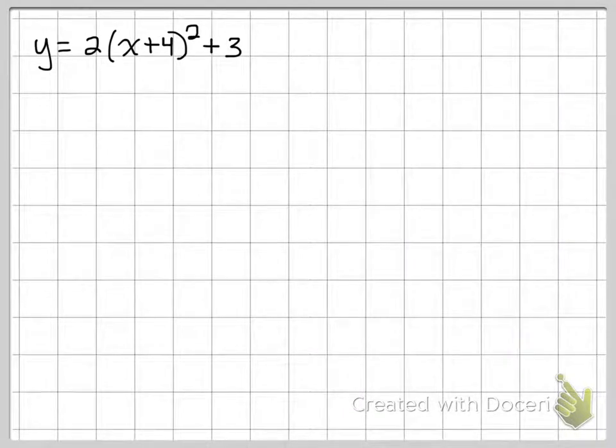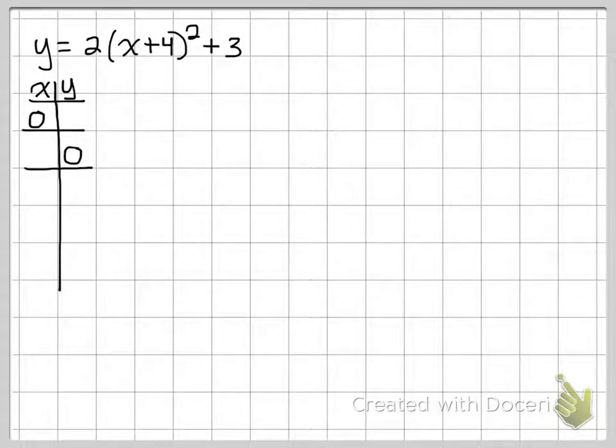So here's the first one, and whenever we are doing any sort of graphing, I would recommend that we set up a function table. And I would also recommend that we always say what happens when x is 0 and what happens when y is 0.